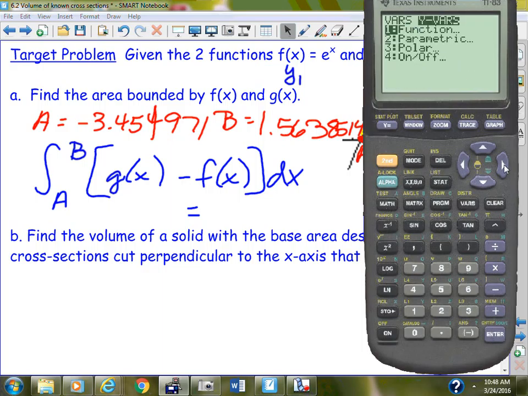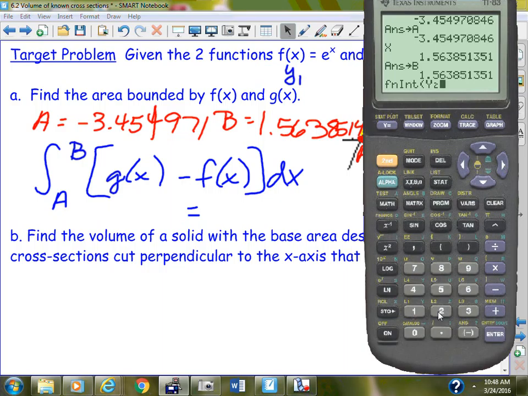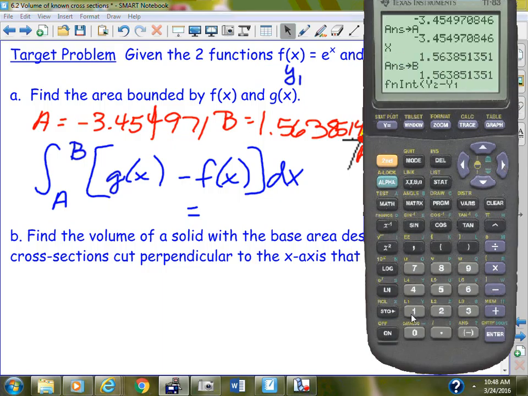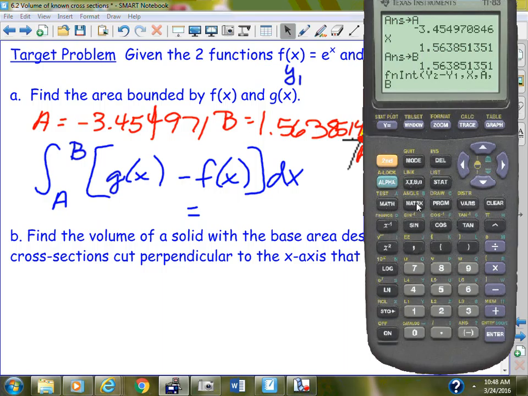Go right arrow over to y bars, number 1, and then I need y2, so that's number 2, minus, I need y1, so again, bars, right arrow, 1, and 1 again for y1, comma, now I need that in terms of x, comma, my lower bound is supposed to be alpha A, comma, upper bound is alpha B. What is that? Hit enter, and you should have gotten 17.856-ish. Y'all get it?